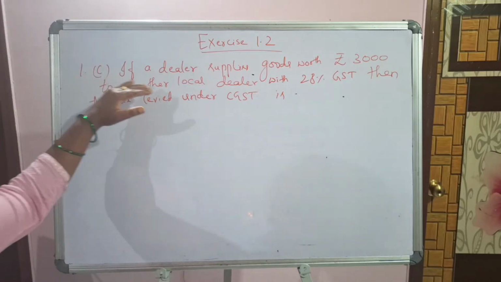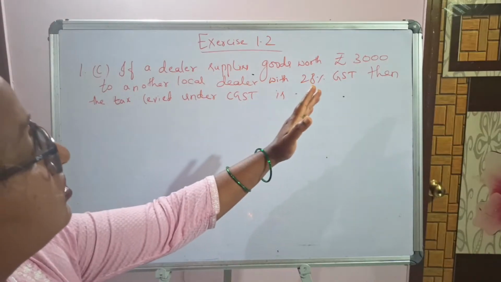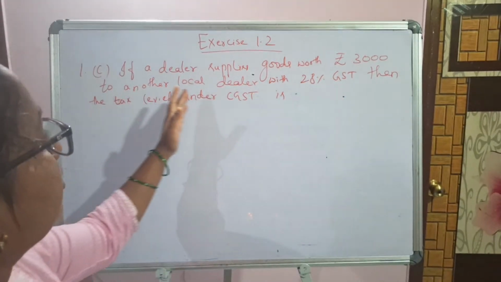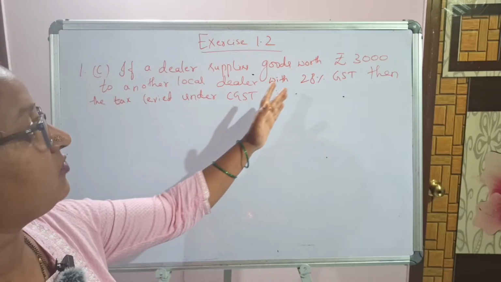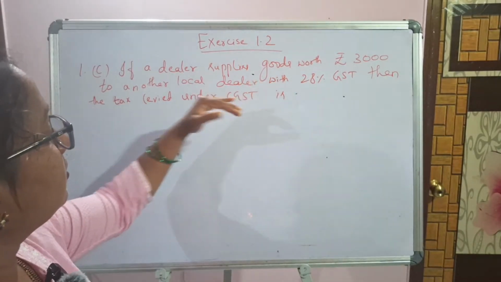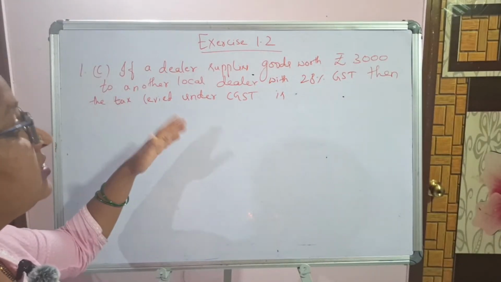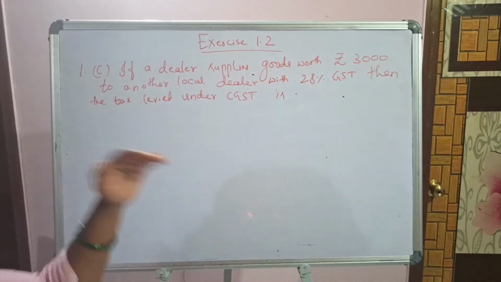See, in the question it is clear that a dealer supplies goods worth rupees 3,000 to another local dealer with 28% of GST. Here the transaction is intrastate, that is, within the state.